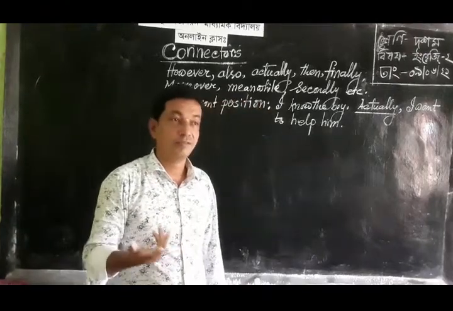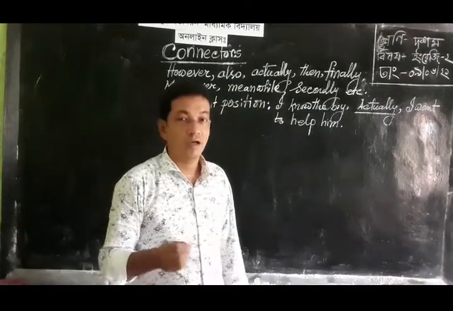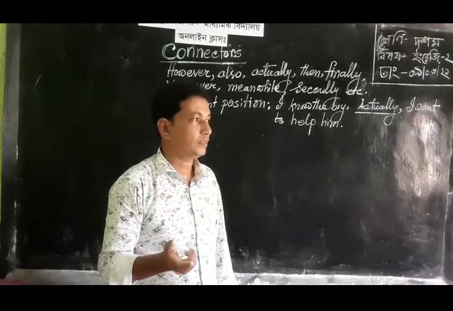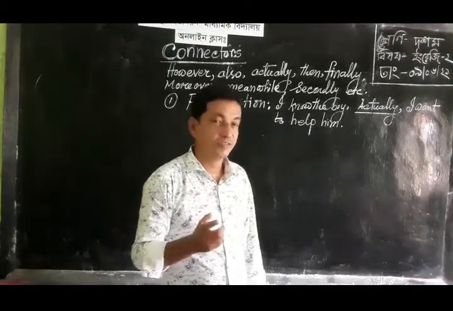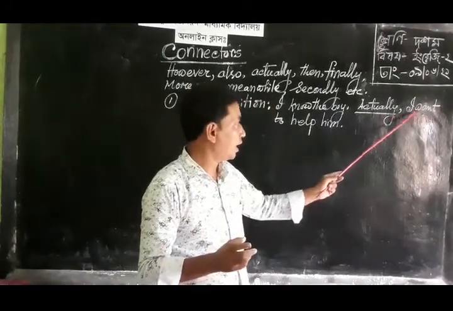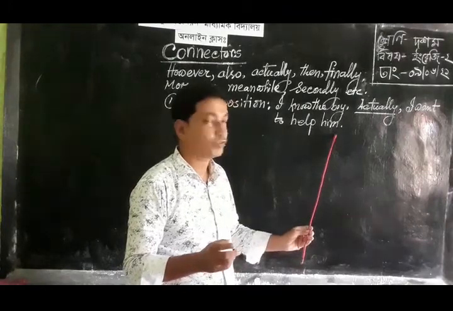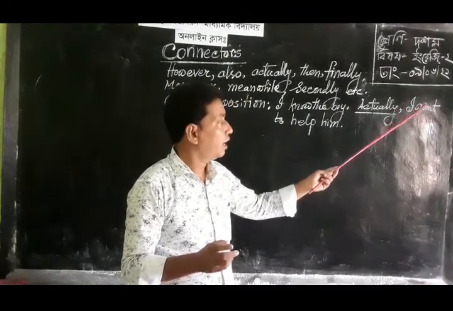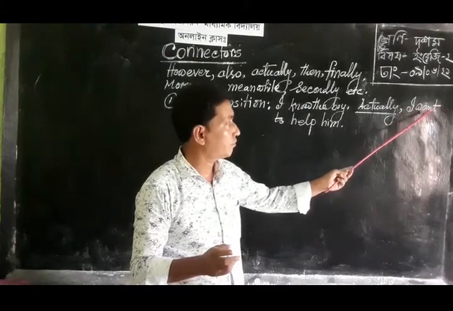When an assertive sentence starts, the subject must sit at the very beginning of the sentence and it sits before the verb. So, as usual, I want to help him. This is also called an assertive sentence because subject I and after I the verb want.